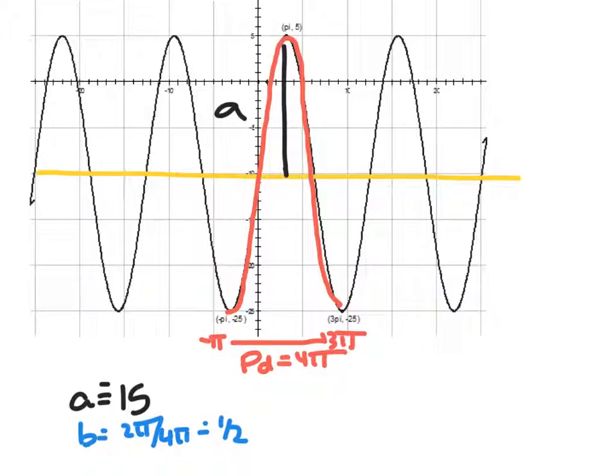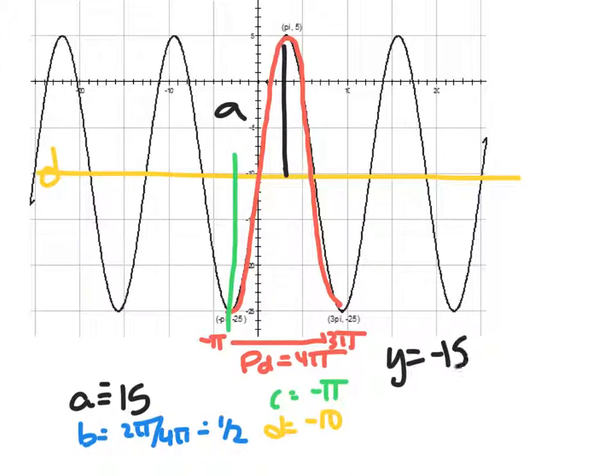My C, I'm going to start here at -pi. And then my D, I was down 10. So this is an upside down cosine. So this is y equals -15 cosine 1/2 (x plus pi) minus 10, since I went to the left, that's plus pi.